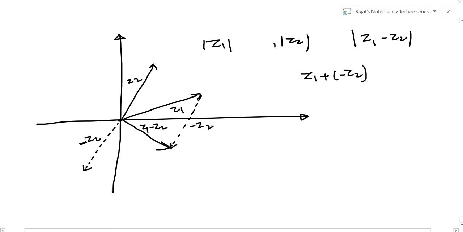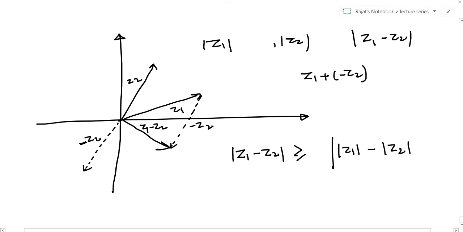Again, using the triangle inequality, I can say that the third side, mod z1 minus z2, will always be greater than or equal to the difference of the sides, so mod z1 minus mod z2. Now actually the problem is that I don't know whether mod z1 is larger or mod z2 is larger.